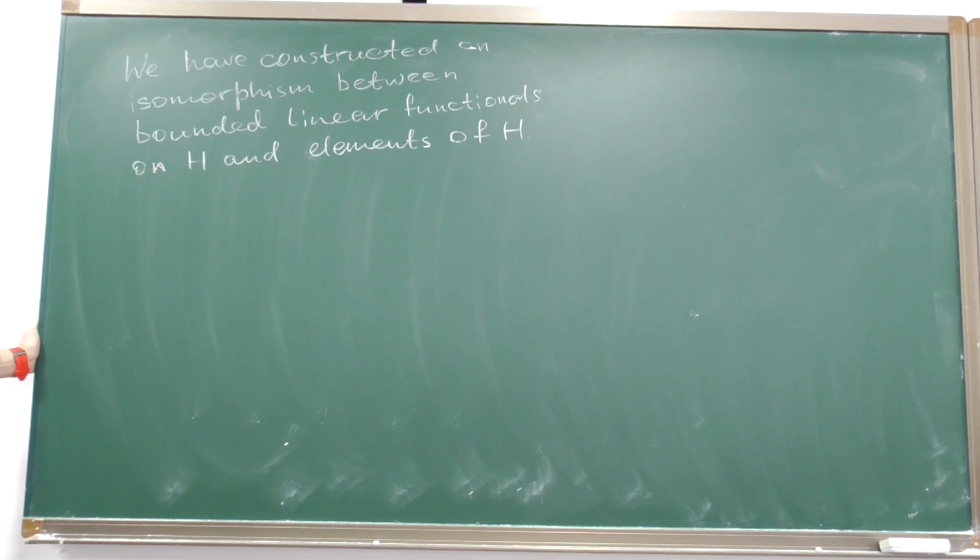And moreover, we have proved that this correspondence preserves the norms. So moreover, it is isometric. Putting it all together, we have proved that there is an isometric isomorphism between the space H star and H.